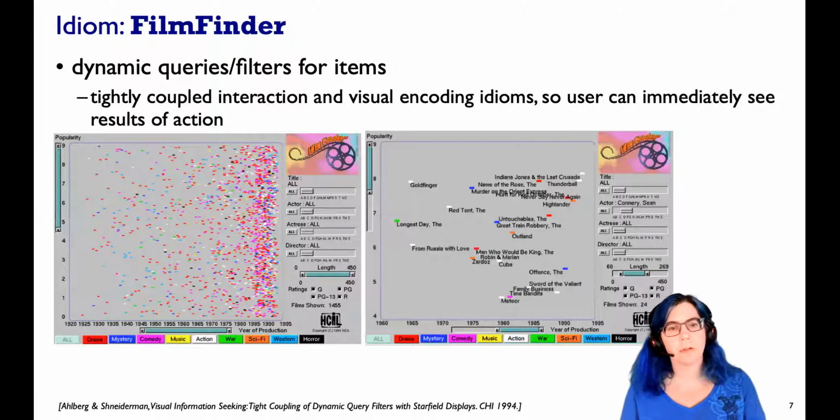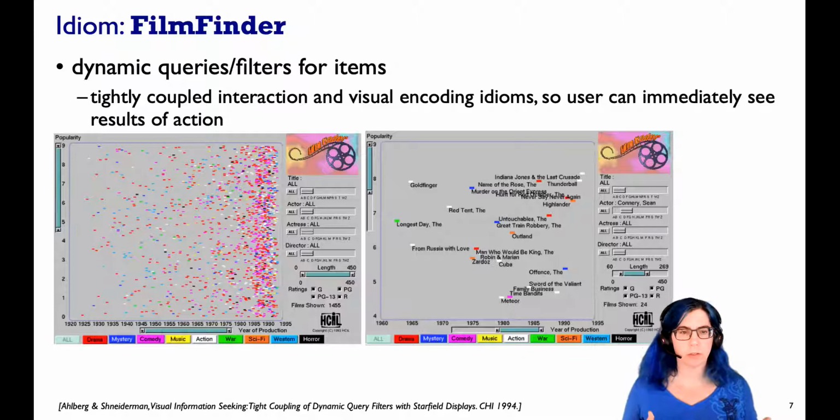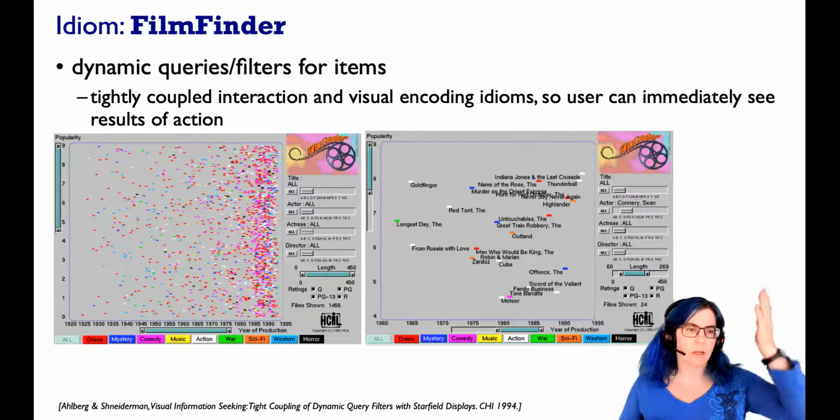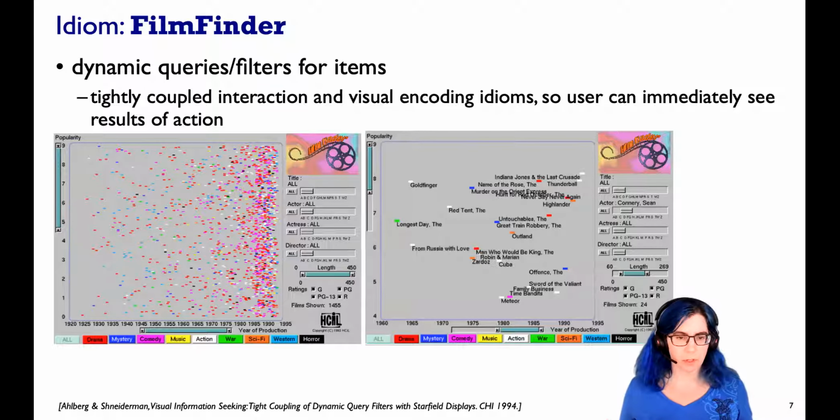A classic example of dynamic filtering is the FilmFinder idiom. This was in the early days of actually showing everything all at once with an overview. In this case, it's a scatter plot of movies. Horizontal is the year it was made. Vertical is the popularity. And we see so many that we can't even draw the labels for all of them.